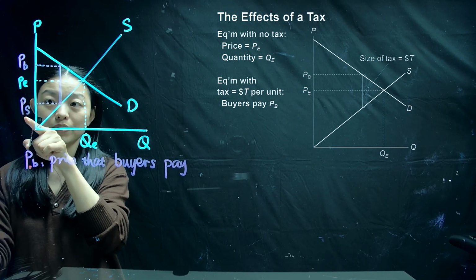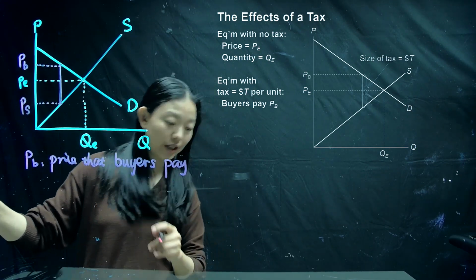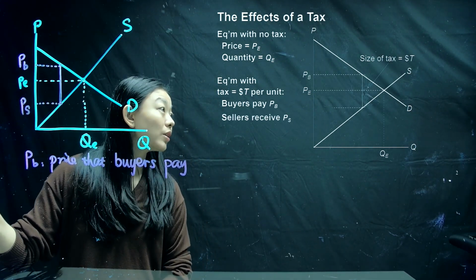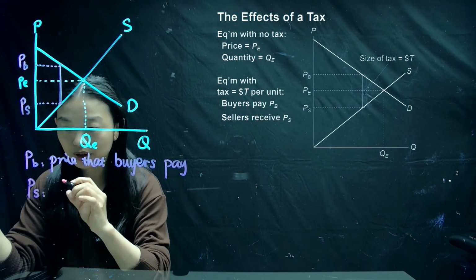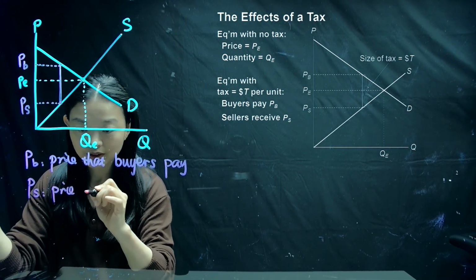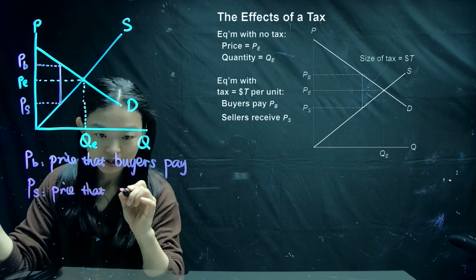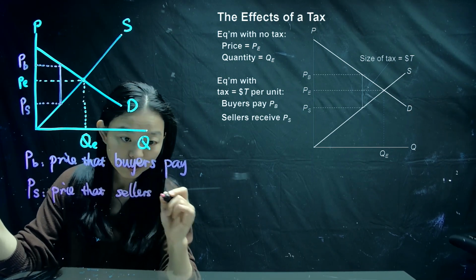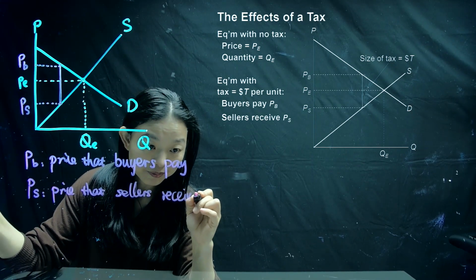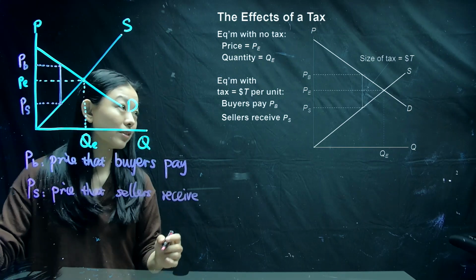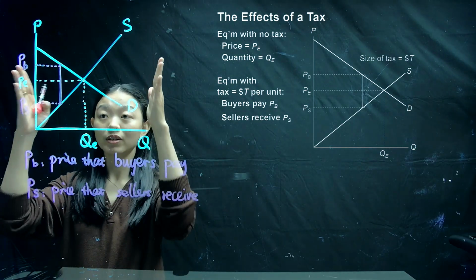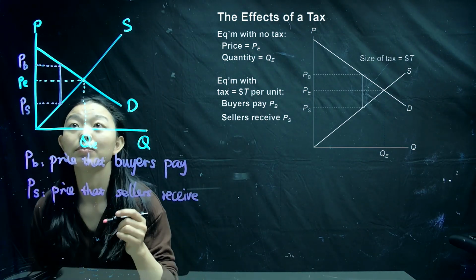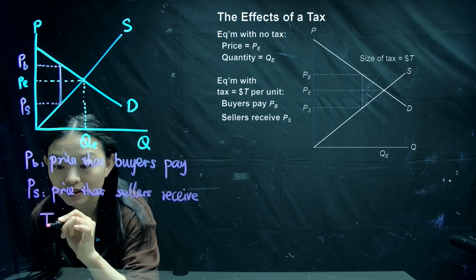I just mark it as P subscript S, small s. So P subscript S will be the price that sellers receive. Okay, sellers receive.